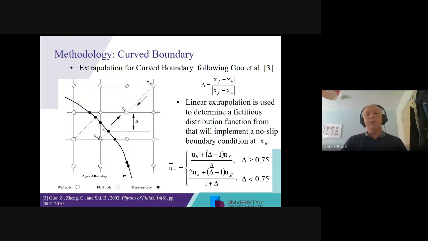And so what the boundary condition does, the algorithm calculates a fictitious distribution function coming in from this wall node up towards this site XF.